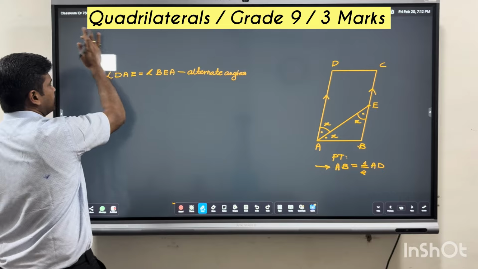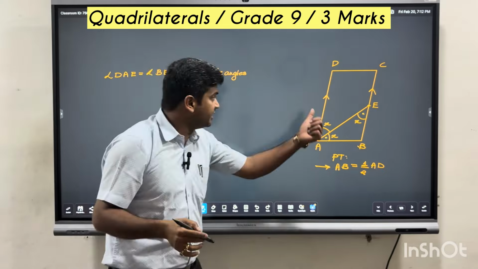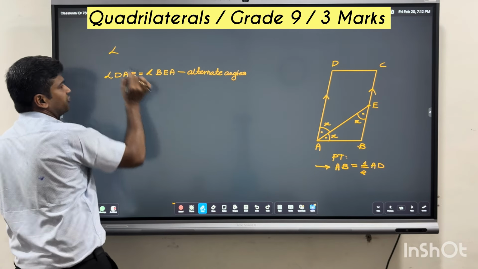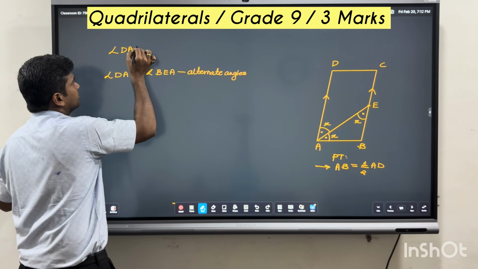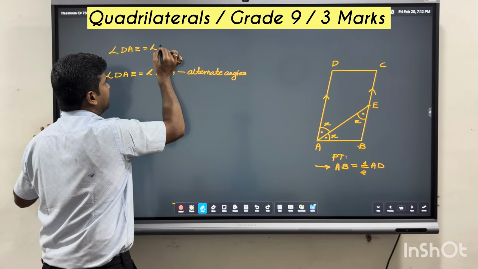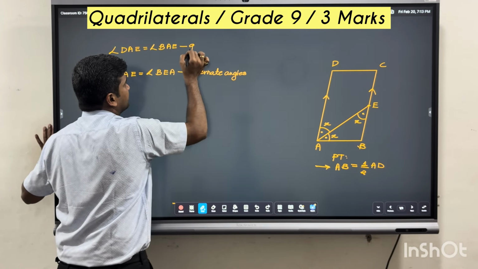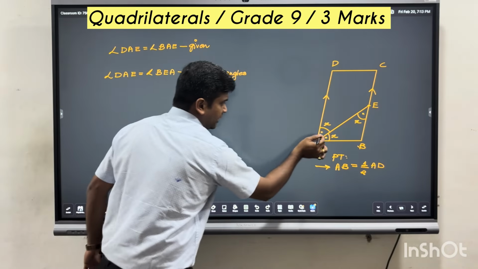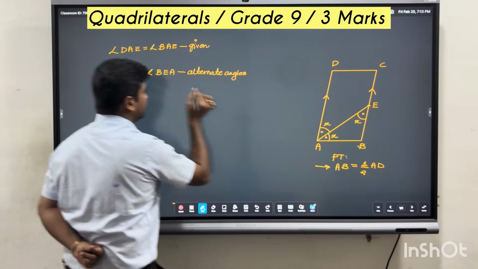First, let me say that these two angles are equal. The reason: AE is the bisector. So first is angle DAE, which is equal to angle BAE. The reason is given. So these two angles are equal, but this angle equals this angle, which I have written here as alternate angles.